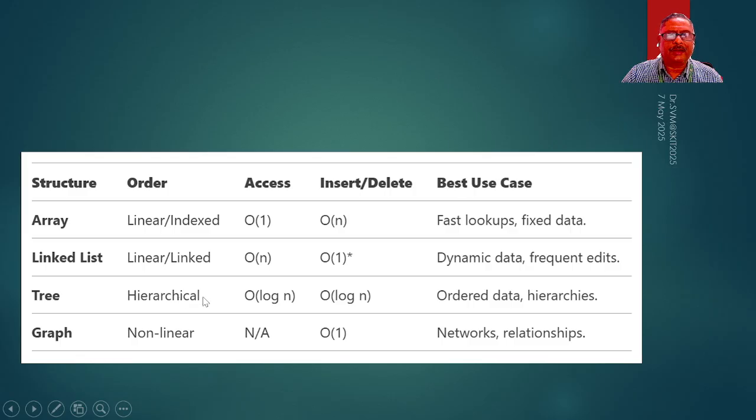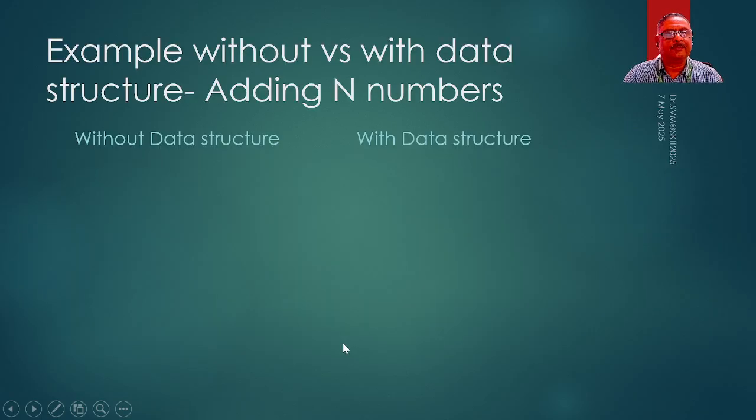Tree is hierarchical. Yeah, access can be log n order. Insertion delete also can be log n, but it has to be in proper order. Graph, there is nothing we can talk about access, but insert deletion can be done in constant time.